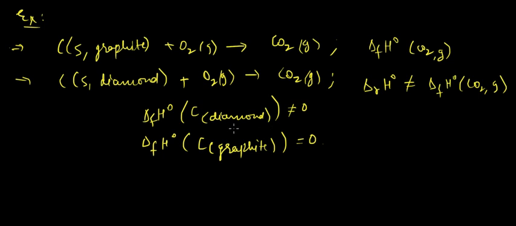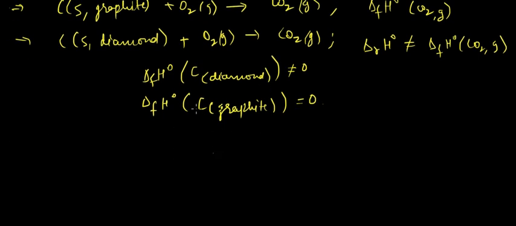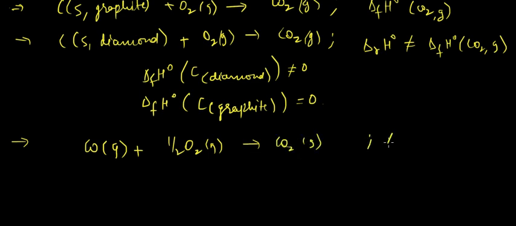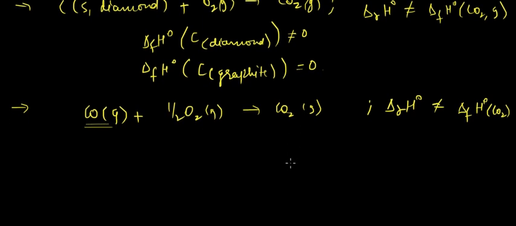Okay, next, let us see carbon monoxide reacting with half mole of O2(g) forming CO2(g). In this case as well, delta RH naught would not be equal to delta FH naught of formation of CO2, because carbon monoxide is not in elemental form.